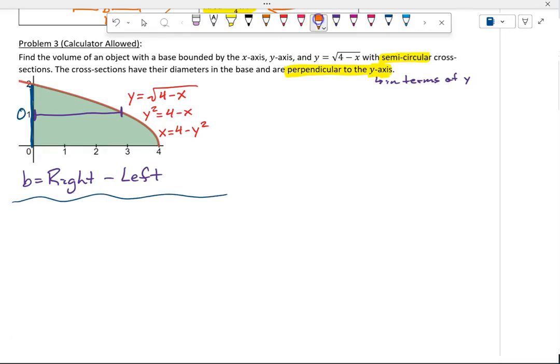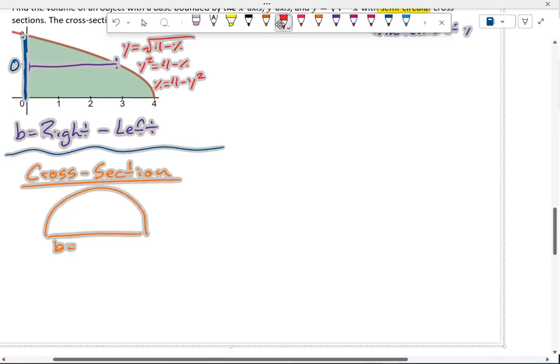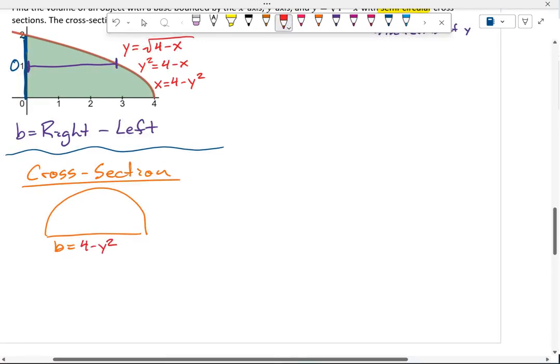All right, our cross-section is a semicircle. And our base is going to be that right minus left. So 4 minus y squared minus 0.